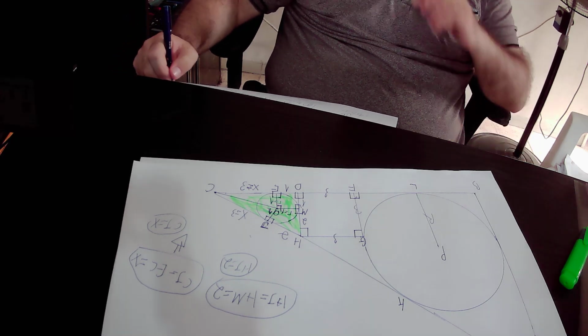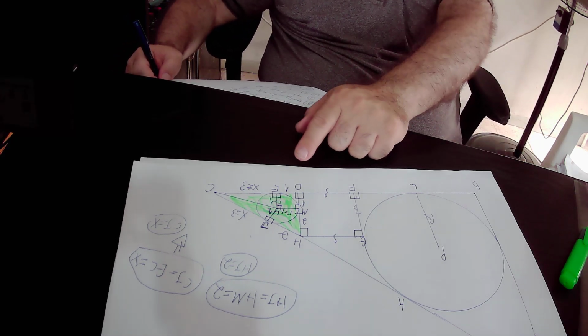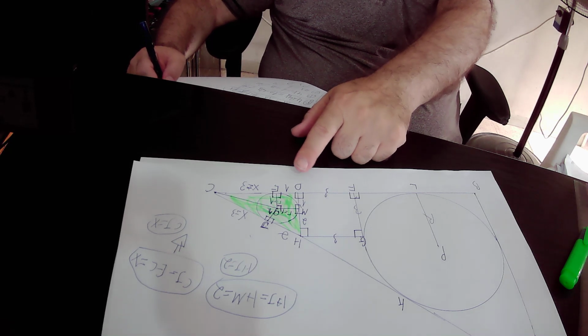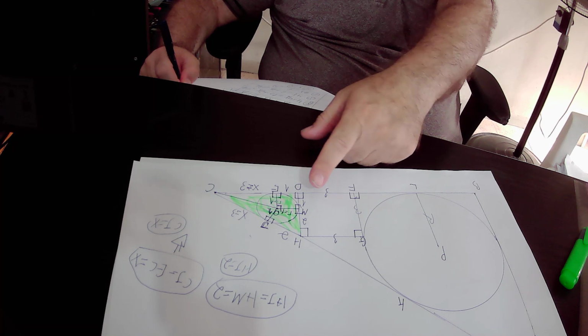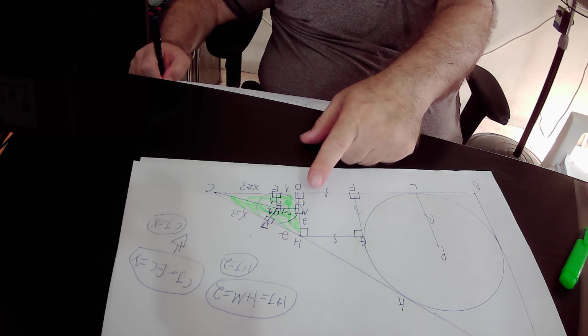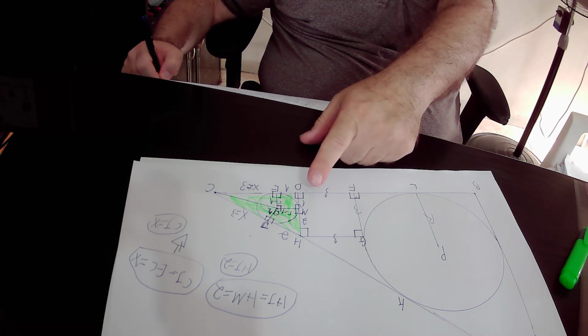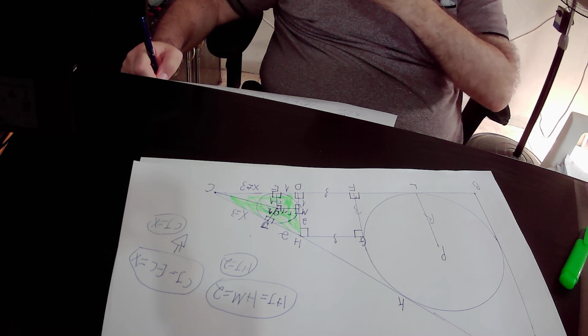In addition, EO or OE is equal to OJ, and they are both the radius of the circle that is equal to 1 unit.